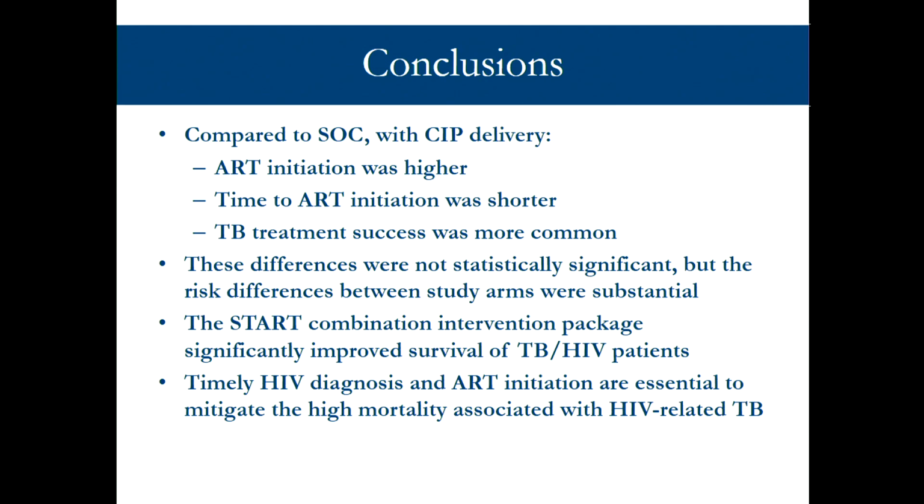So in summary, compared to the standard of care, with delivery of the combination intervention package, ART initiation was higher, time to ART initiation was shorter, and TB treatment success was more common. These differences were not statistically significant, but the risk differences between study arms were substantial, 10% difference for ART initiation and 8% for TB treatment success.